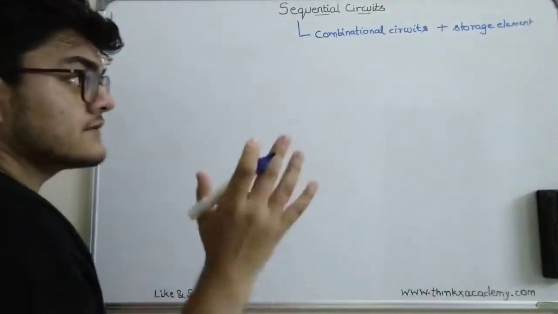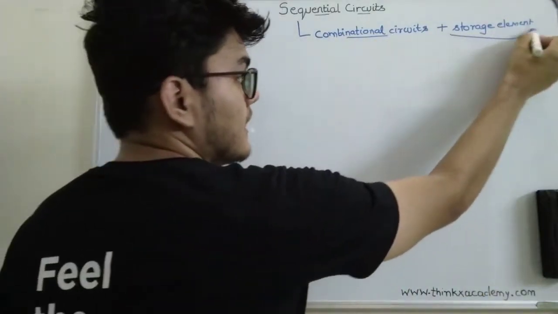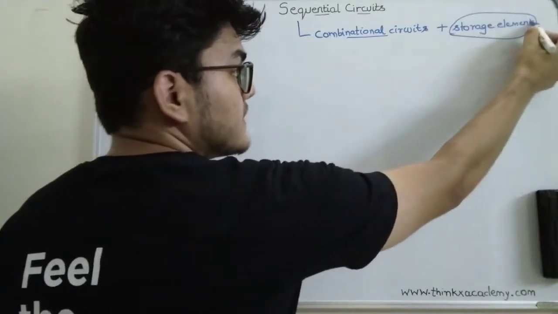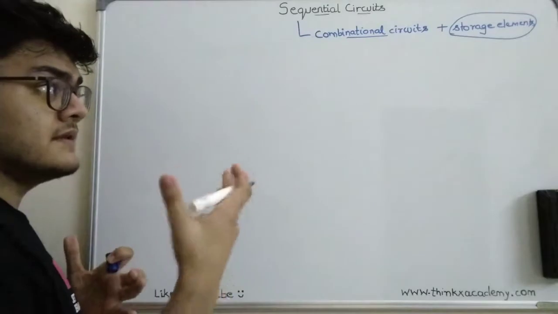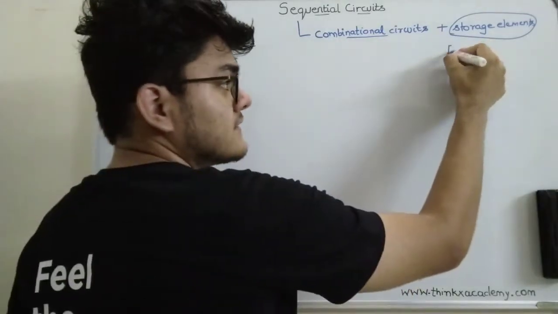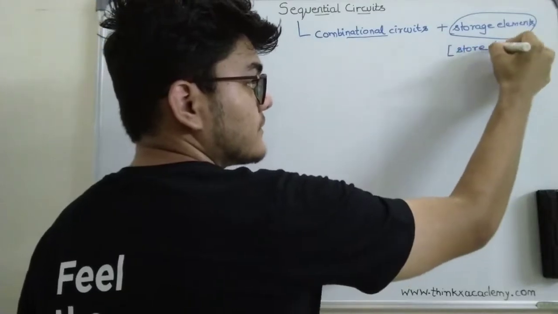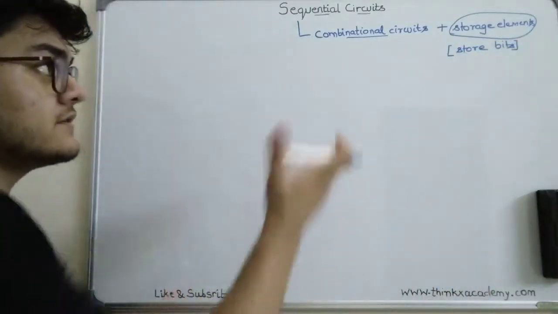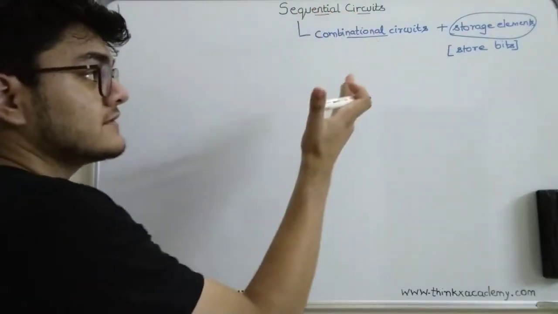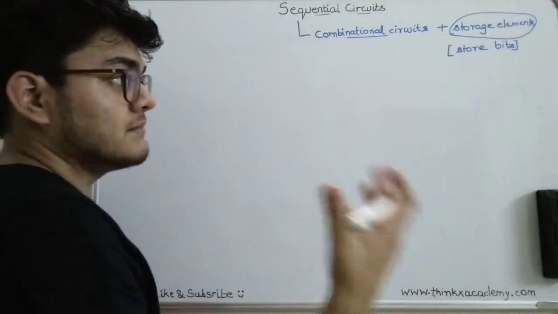So now in our circuits, we are going to include storage elements, and these storage elements are not used to store a huge amount of data, but are used to store a few bits. So I'm going to write here: for the purpose of storing bits. In this tutorial, we are going to study sequential circuits, which add the functionality of storing some bits.